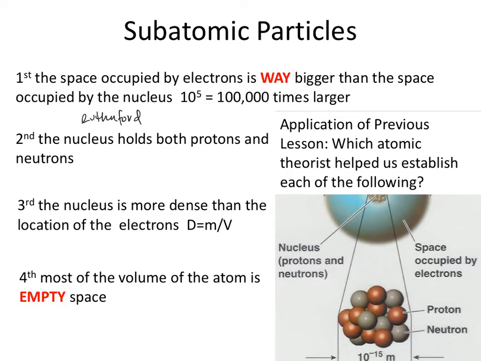Okay, and to give you a little bit of context for the relative size we're discussing between the space occupied by the nucleus and the space occupied by the electrons, look at the biggest stadium in the country, which is currently Michigan's football stadium, which holds something like 107,000 people.